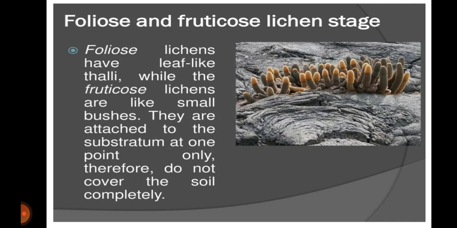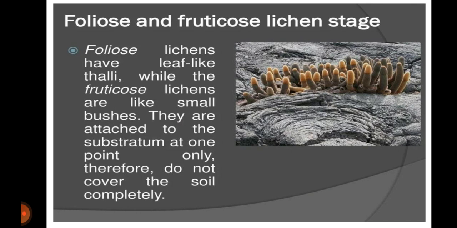When the soil is acidic, the weathering of rocks and its mixing with the humus results in the development of a fine thin soil layer on the rock surface, which consists of rock particles, remains of lichens, dust particles and moisture. Thus there is a change in the habitat.